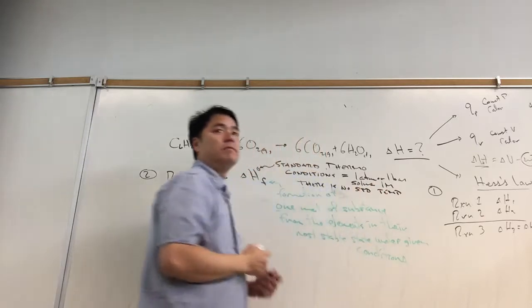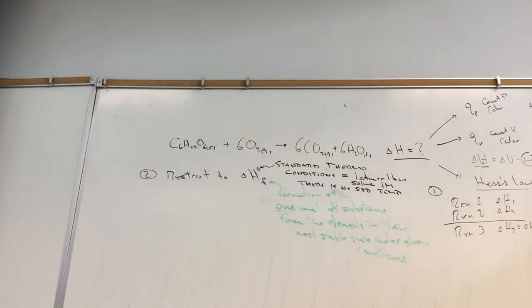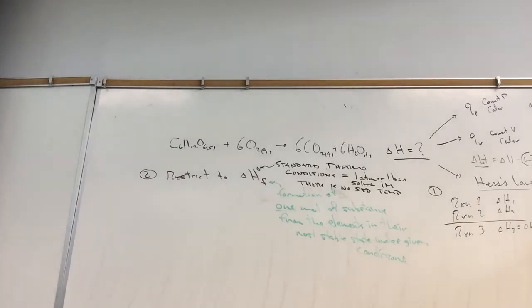That's because many reactions happen at different temperatures, including room temperature and elevated temperatures. There's no standard temperature in thermodynamics. You know what the most common temperature is? 25 degrees C. And so some people mistake that as standard temperature, but there's no standard temperature.